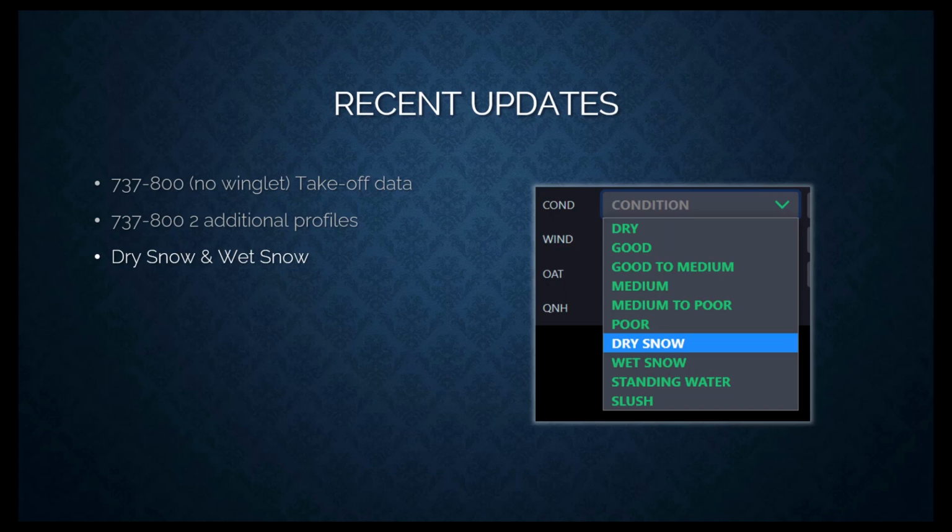And that wasn't easy because actually there's no official data from the manufacturer regarding those conditions. We have used an official ICAO conversion tool to convert dry and wet snow into slush equivalent data. And now we are able to provide you with these 2 new features, and it works pretty nicely.